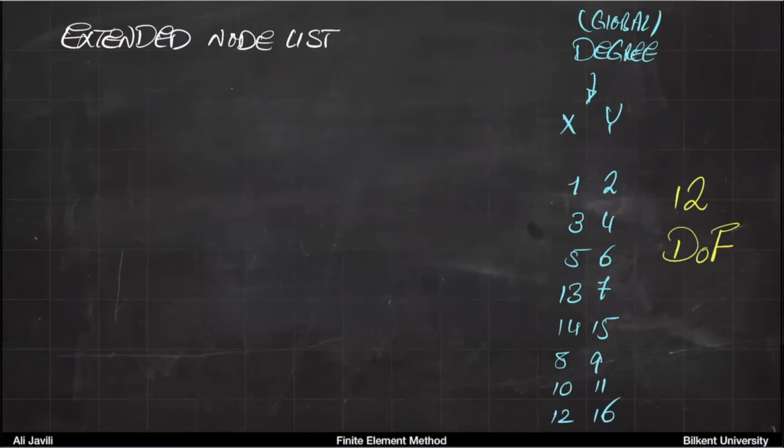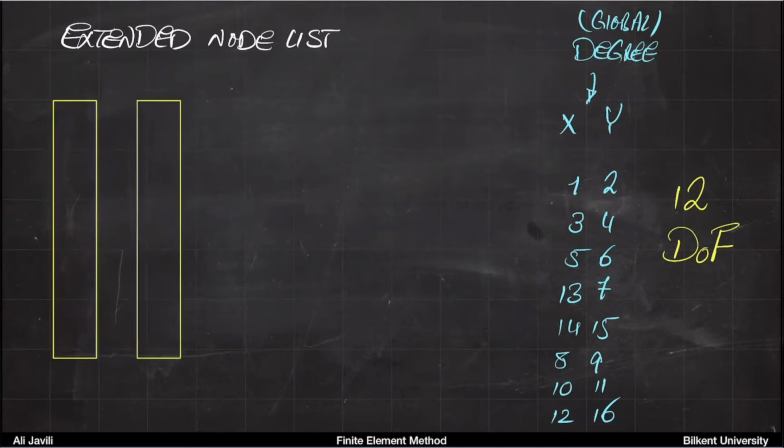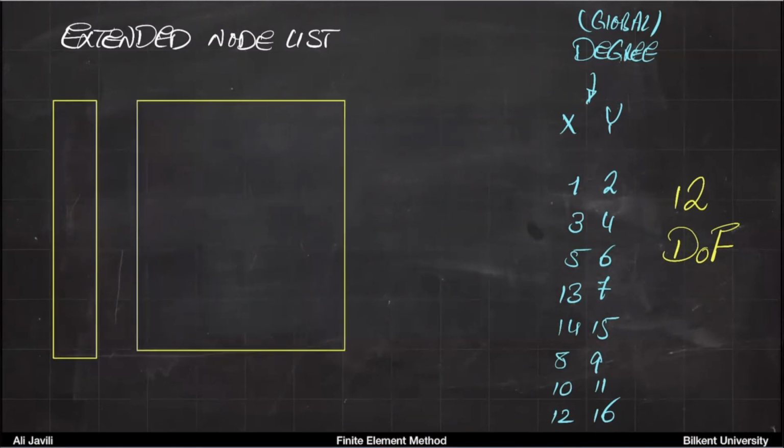So if you remember that, it basically means that you can have a force vector here. So that's your force. Then this would be sort of your stiffness.